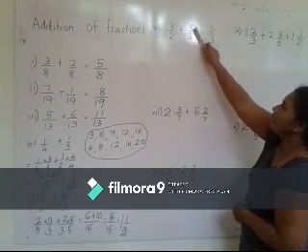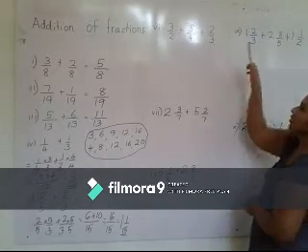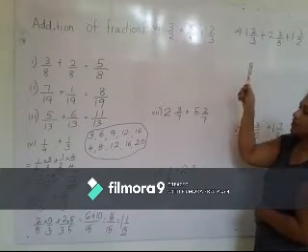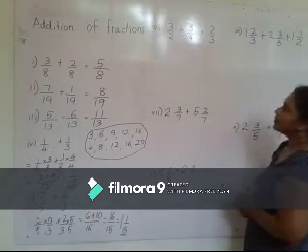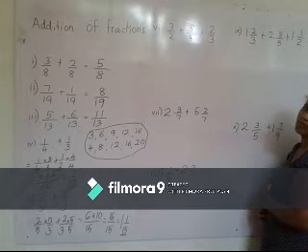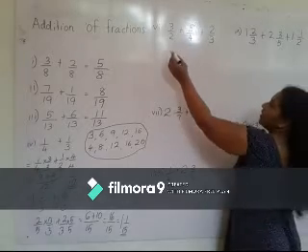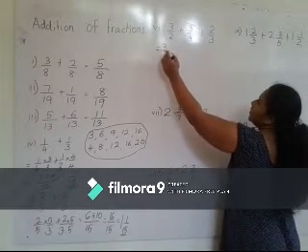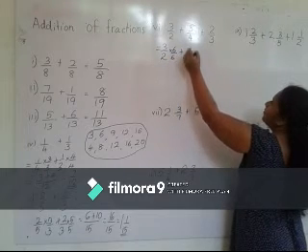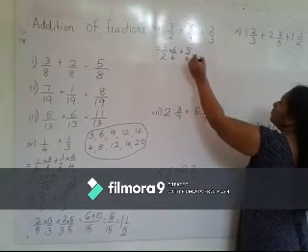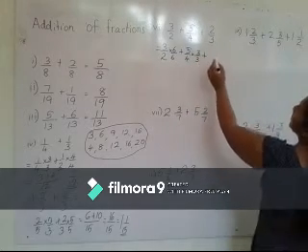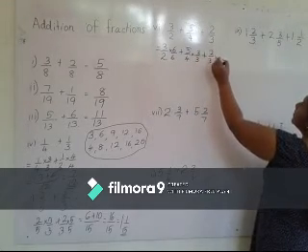3/2 added to 5/4 added to 2/3. Now we have to consider 2, 4, 3. So when we consider the 2 times table, 4 times table and 3 times table, 12 is the common number. So we can make it into 12. 3/2 multiplied by 6, added to 5/4 multiplied by 3, added to 2/3 multiplied by 4.